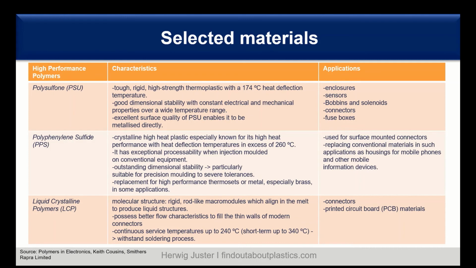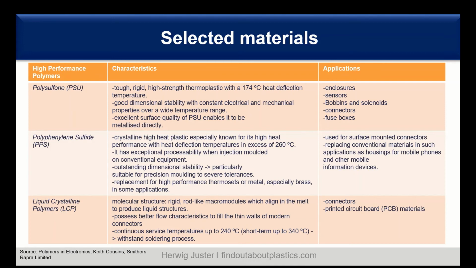Then we have polyphenylene sulfide, PPS. It's a semi-crystalline high-performance polymer, especially known for its high heat performance, together with high heat deflection temperatures in the range of 260 degrees C. We have exceptional processability with injection molding. That means we have an outstanding dimensional stability, in particular in injection molding when high precision molding is needed to fulfill severe tolerances.